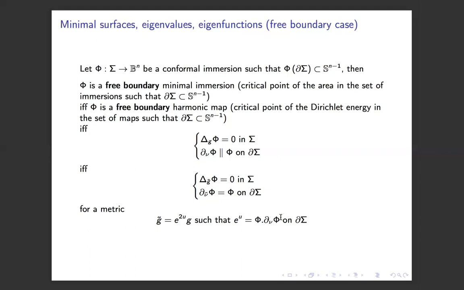So what matters here is the density of energy on the boundary, and you can extend by what you like in the interior, because it is conformally invariant. This equation is conformally invariant here inside the surface.